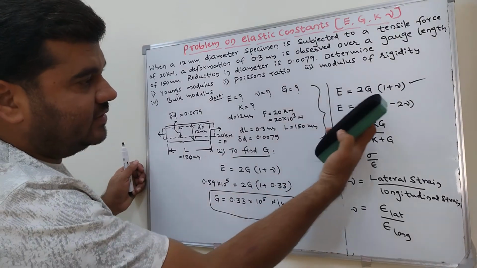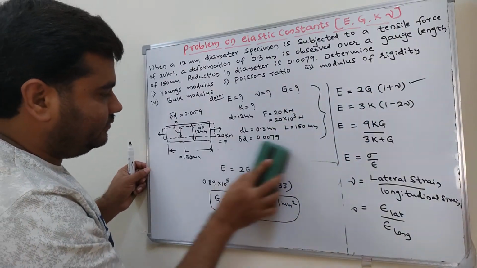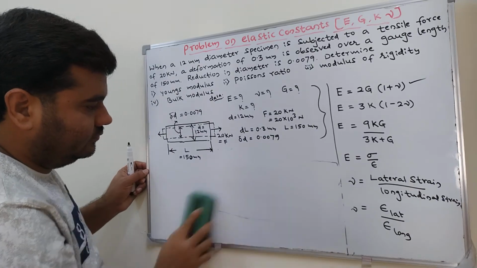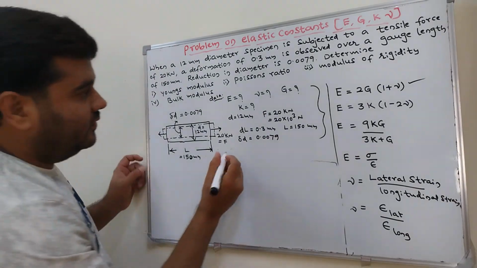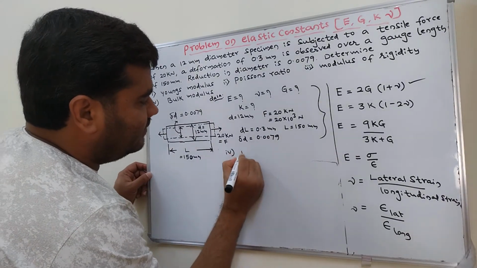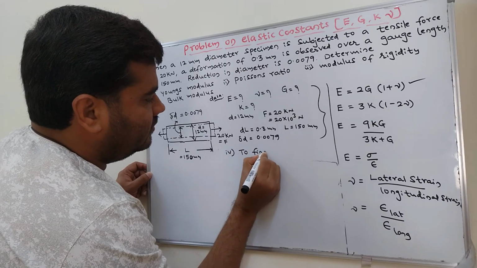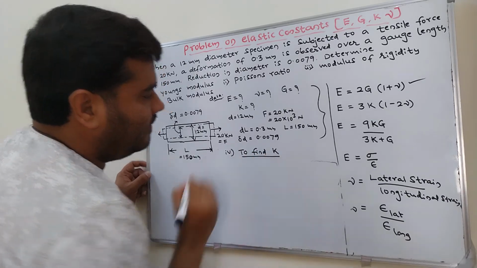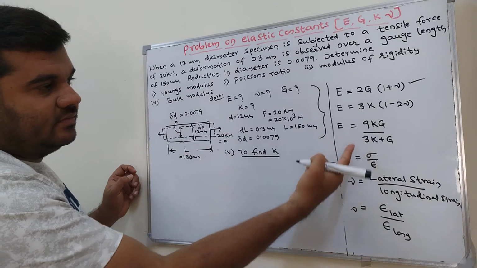I'll use the second equation here. So fourth one, to find K, the bulk modulus, we'll use this equation.